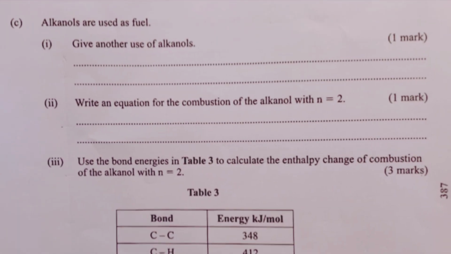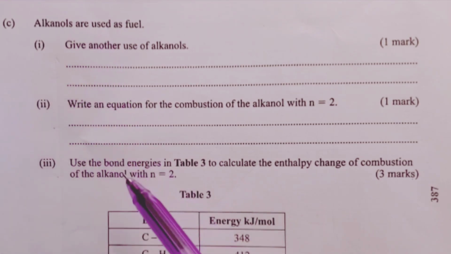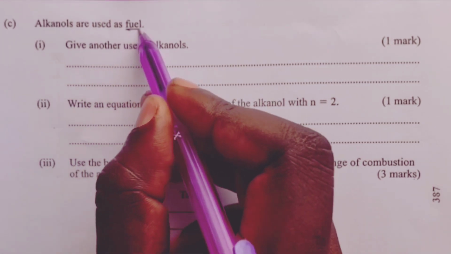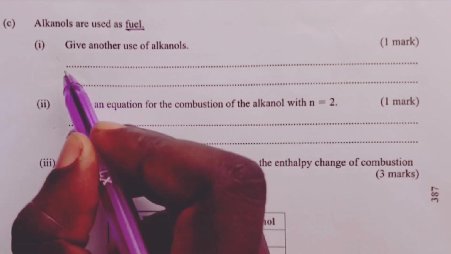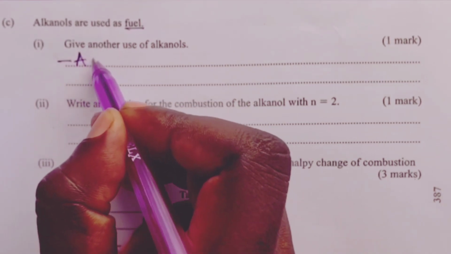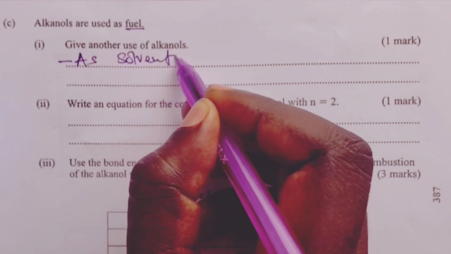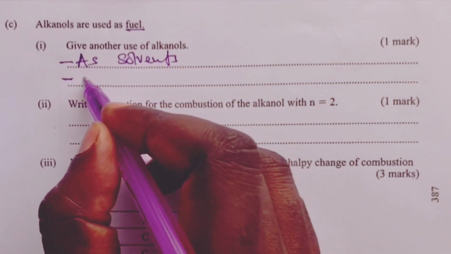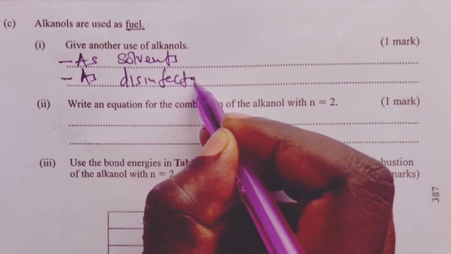Part C, Roman 1. Alkanols are used as fuel. We are asked to give another use of alkanol. Here we have quite a number. Alkanols can be used as solvents. We can also use alkanols as disinfectants.